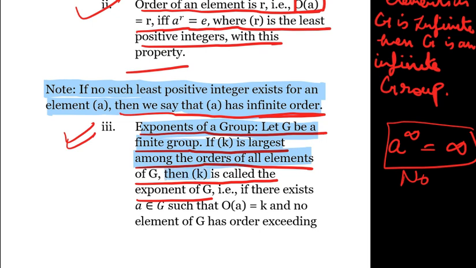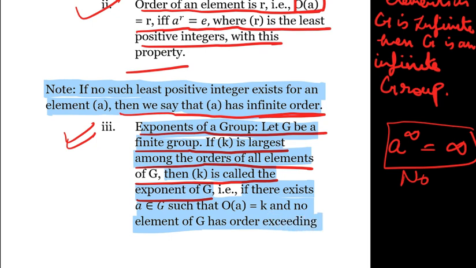Then k is called the exponent of G if there exists a that belongs to G such that O(a) is equal to k, and no element of G has order exceeding k.